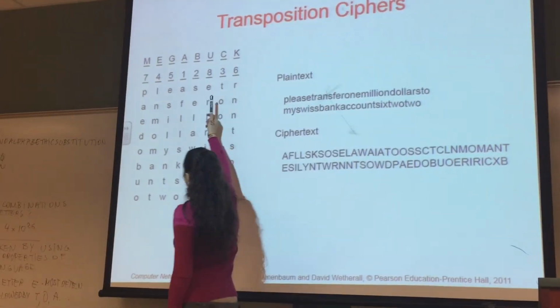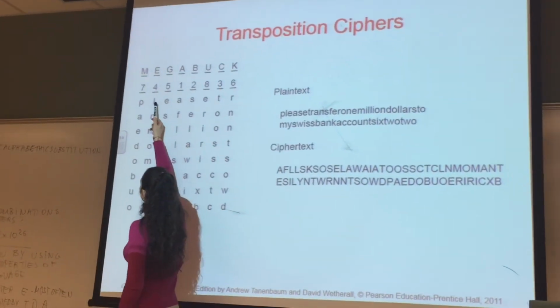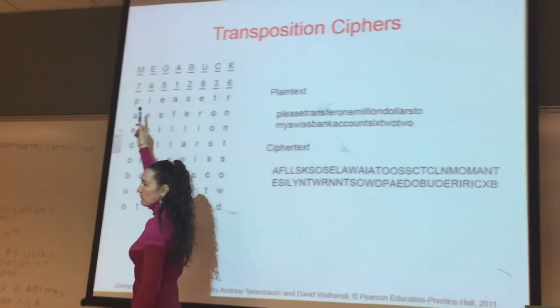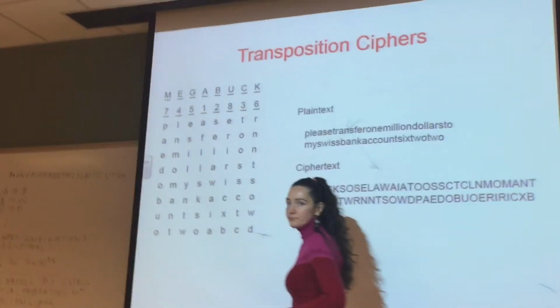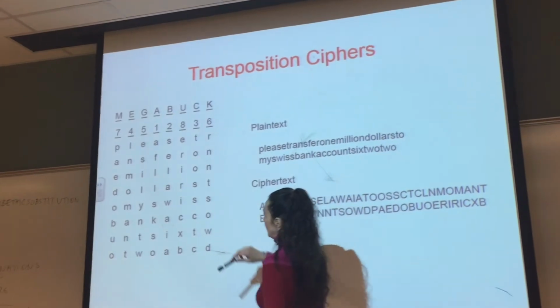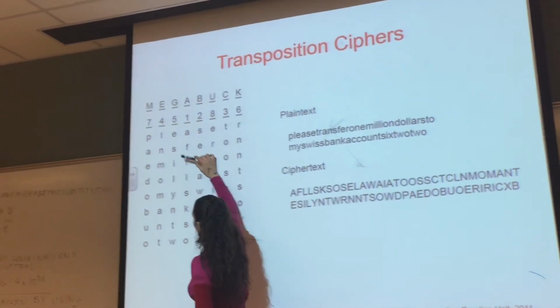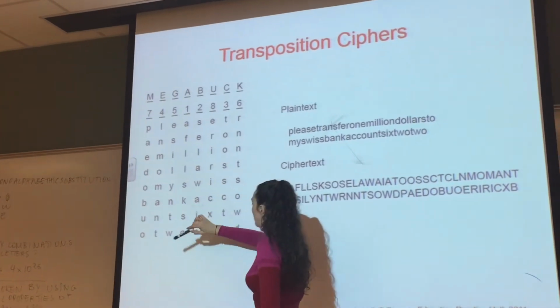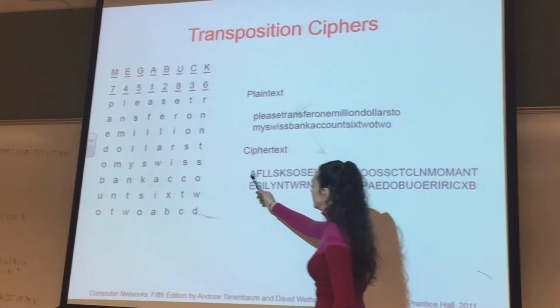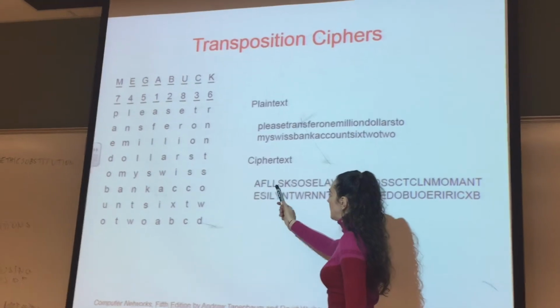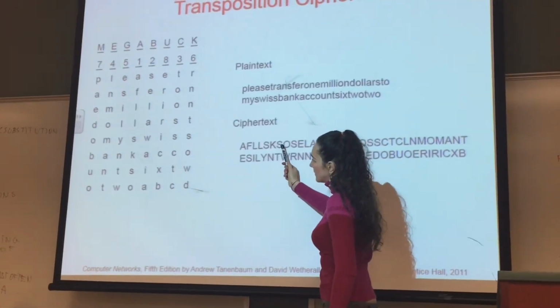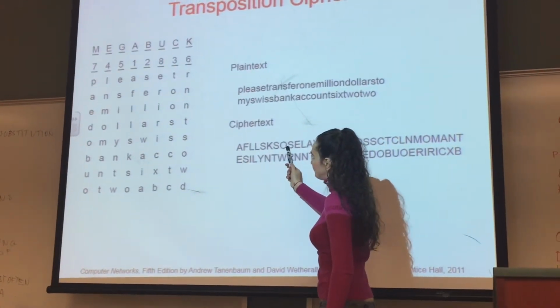If we don't have D, we take the next closest letter, which is E, as number 4, and so on. So we will take the text in the first column, which is A, F, L, L, S, K, S, O, and write it here.